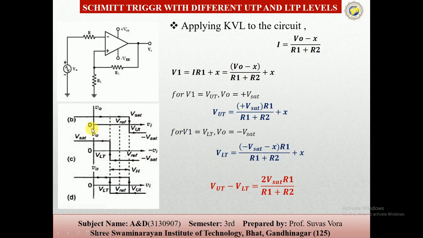Here the first stage is V0 constant at positive V sat. When the input changes, the value changes from positive V sat to negative V sat. Again you can see negative V sat to positive V sat. So by combining these we get the hysteresis characteristic.